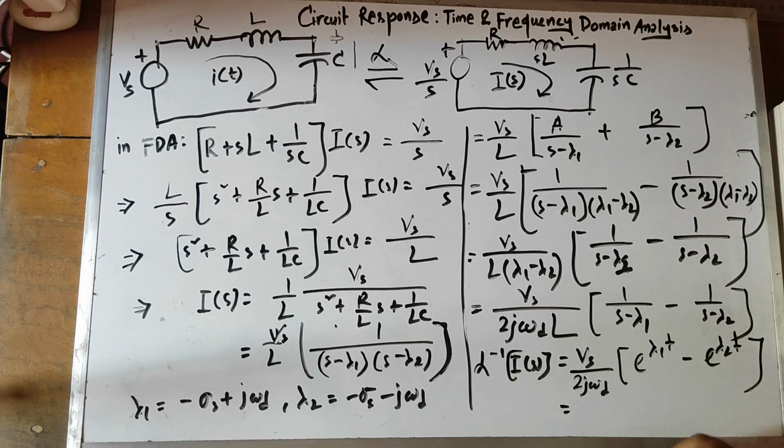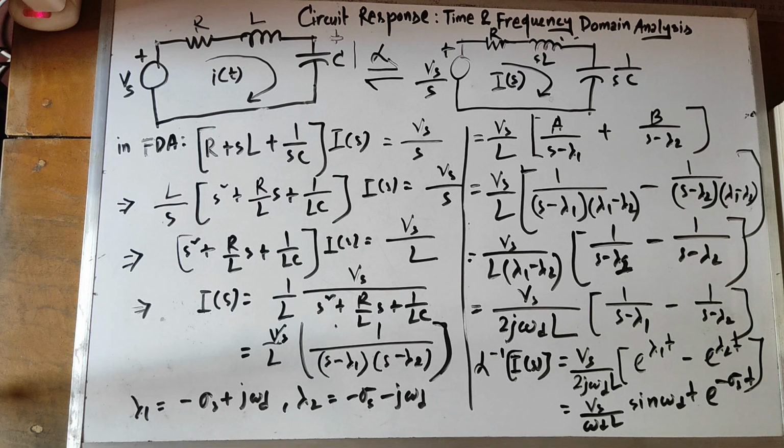Now if I apply Euler's formula, it will easily give me Vs by omega dl, and 2j, if I take it here, it will give me sine omega dt e to the power minus sigma st. This is so easy.